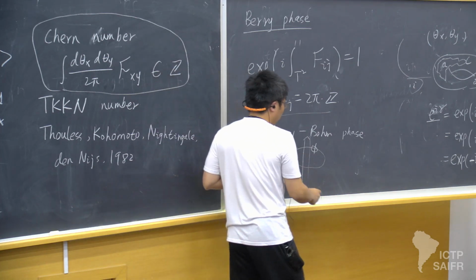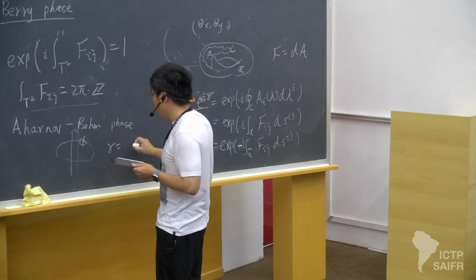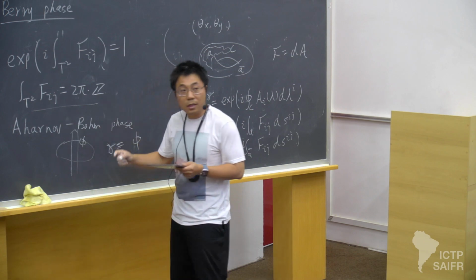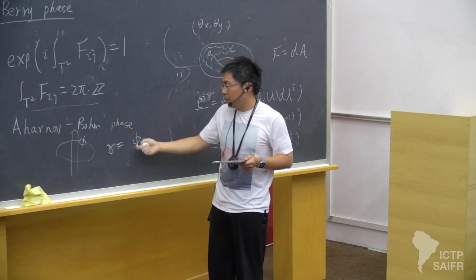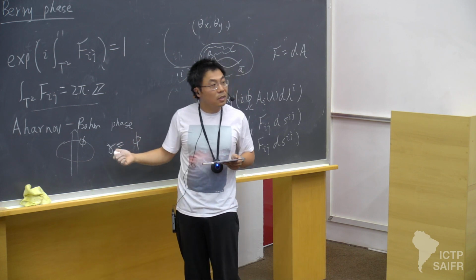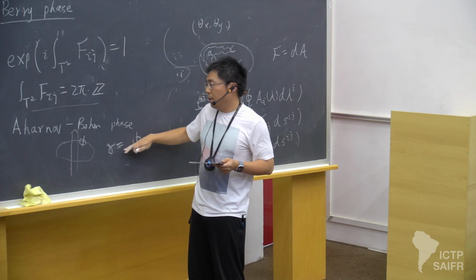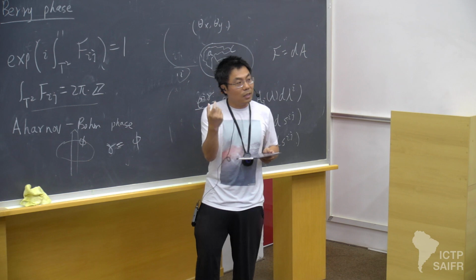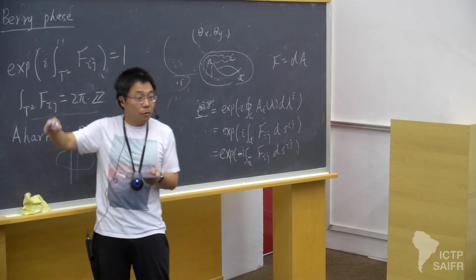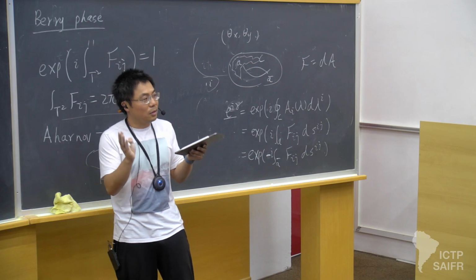So then you know there will be a non-trivial phase factor, this Aharonov-Bohm phase, right? Gamma really just comes from the magnetic flux times some physical constant, and this is really just a Berry phase, right? Here the value of the Berry phase comes from the magnetic flux. The magnetic flux is B times area, and that's really just the integral of your Berry curvature. The magnetic field is a special type of Berry curvature.